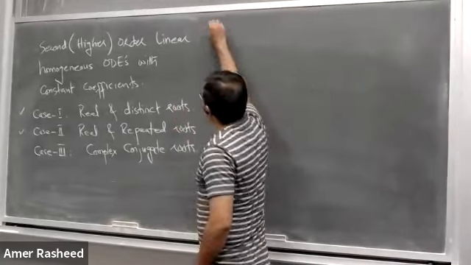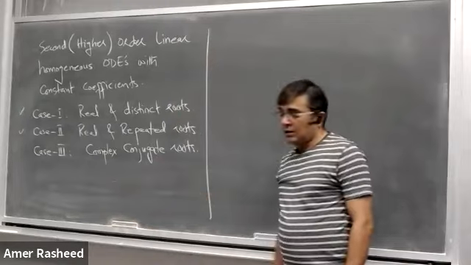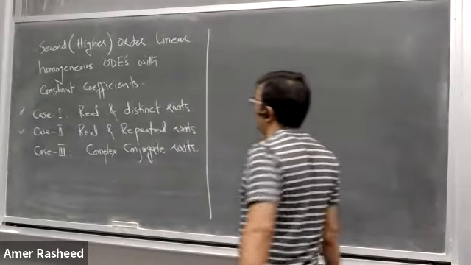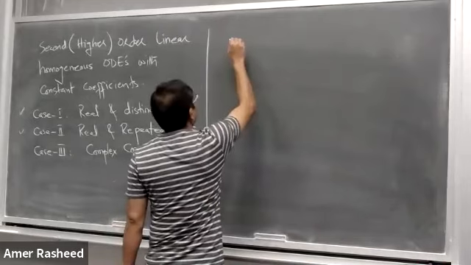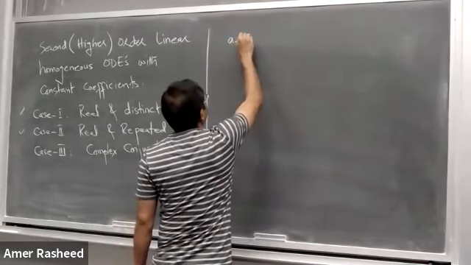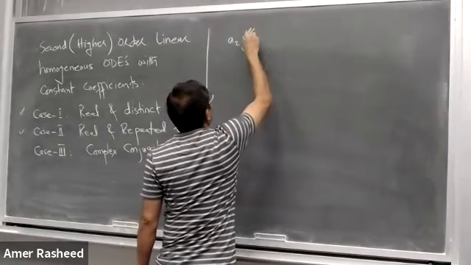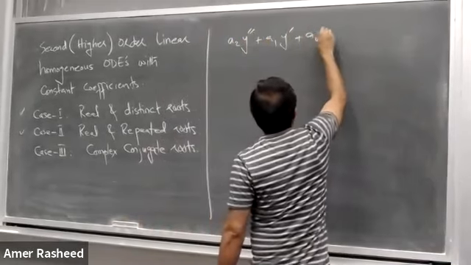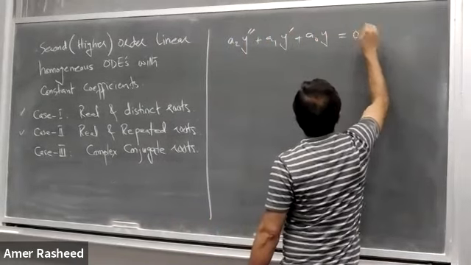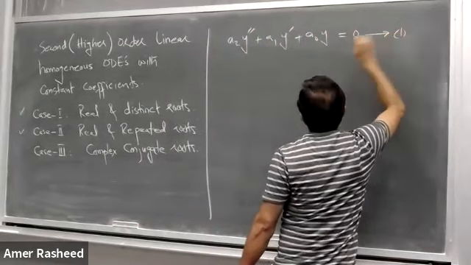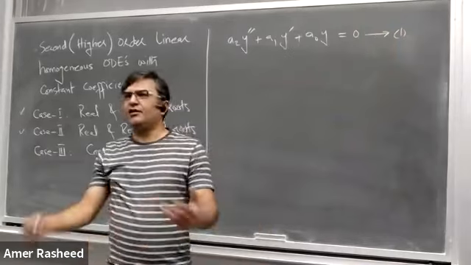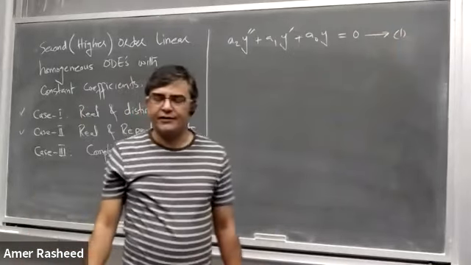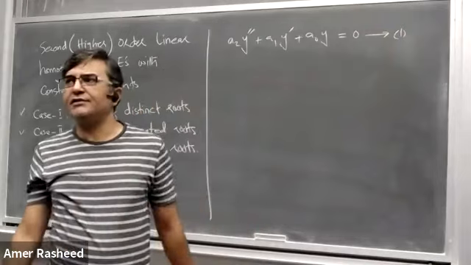So first of all, as previously discussed, we have a second order differential equation a2 y double dash plus a1 y dash plus a naught y is equal to 0. This is our equation. In general, a2, a1, and a naught are any real constants.